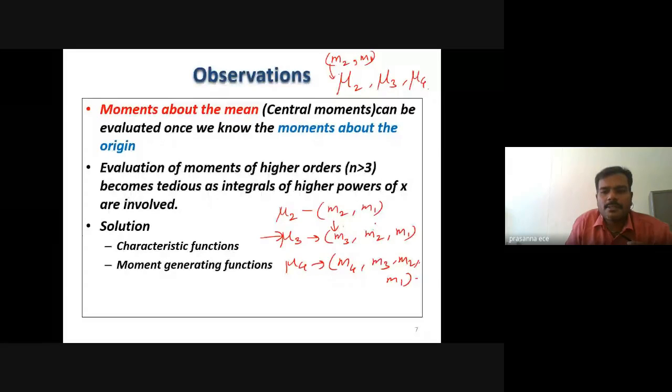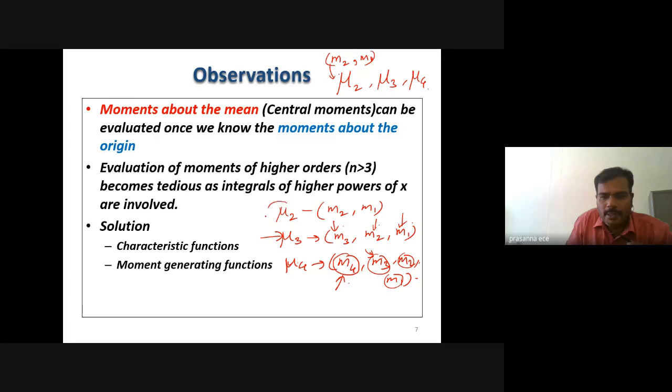Other expressions we already had the result, m2 and m1. If you go for mu4, you have to evaluate using a big integral what this m4 is, and then you already have the results m3, m2, m1. So this is the first observation. Is it clear what observation we are making here?